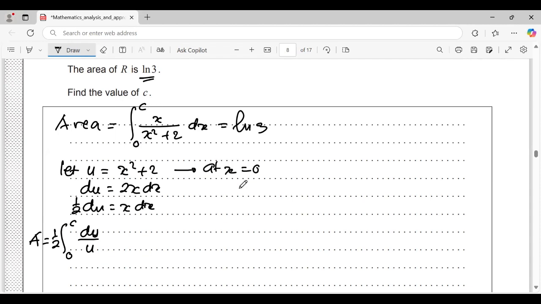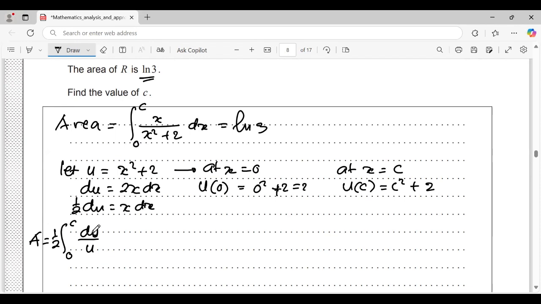At x equals 0, u(0) will be 0 squared plus 2, which is 2, because u is the function x squared plus 2. At x equals c, u(c) equals c squared plus 2. So 0 becomes 2 and c becomes c squared plus 2.